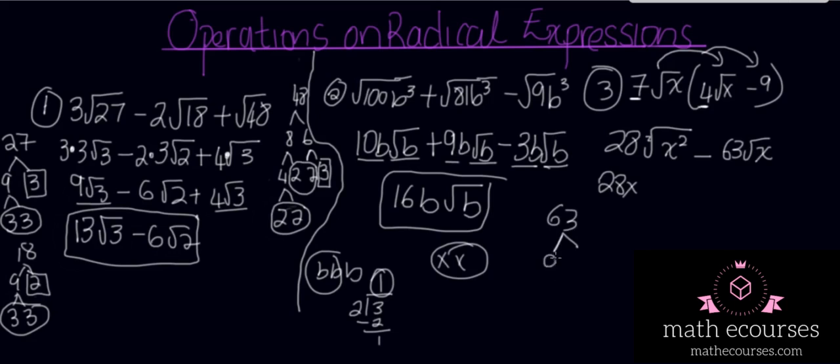That is 9 times 7, and then I have 3 times 3. So the 3 will come out, the 7 will go inside. So this is minus a 3 that comes out. The 7 goes inside, but then I had an x here. I don't have enough x's to take out. I need at least 2 before I square root, so that x is going to stay inside.